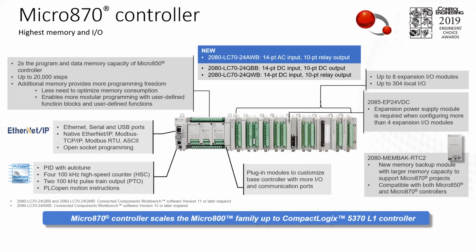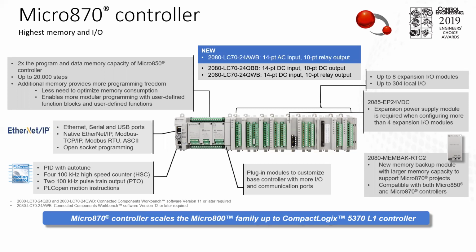Still similar support for Ethernet IP, a little bit extra capabilities on the motion side. There are 3 plug-in slots, but you can have up to 8 expansion IO modules. So using some of the high density modules we'll talk about from Spectrum, you can get up to 300 IO on this system.